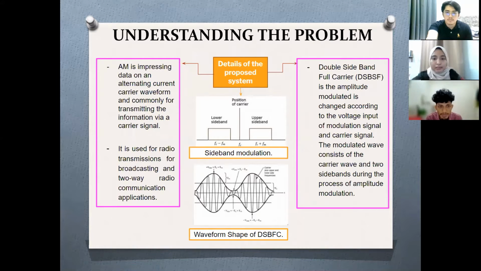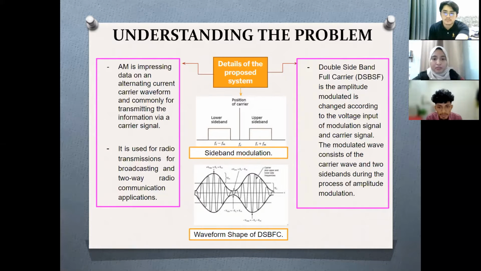Amplitude modulation means impressing data on an alternating current carrier waveform, commonly for transmitting information via a carrier signal. It is used for radio transmission for broadcasting and two-way radio communication applications. Double sideband full carrier is the amplitude modulator that changes according to the voltage input of the modulation signal and carrier signal.